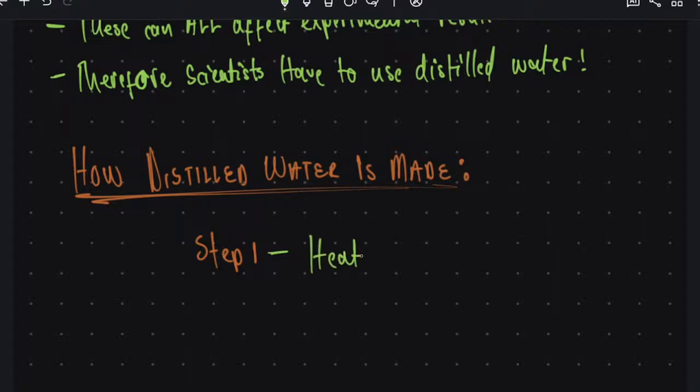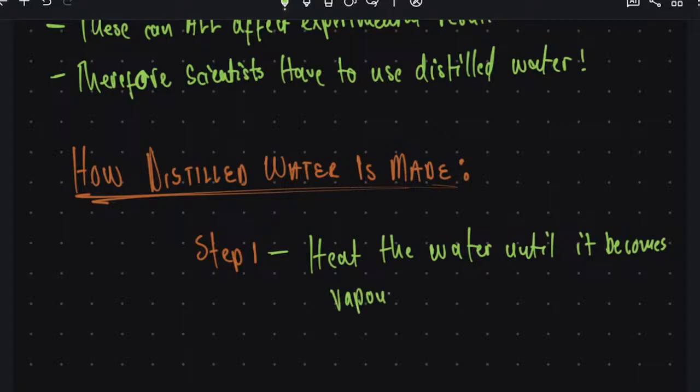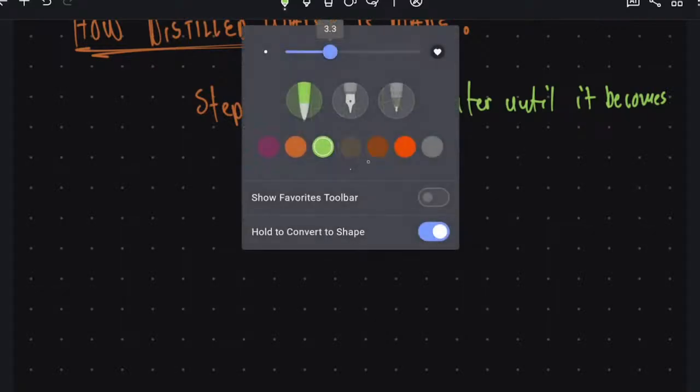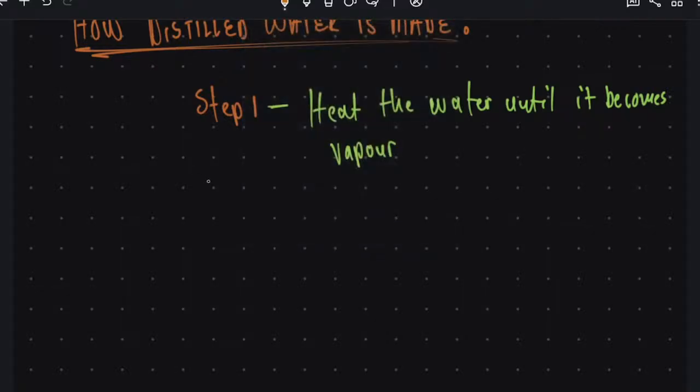Heat the water until it becomes vapor. Vapor is gas. You heat the water until it becomes vapor.